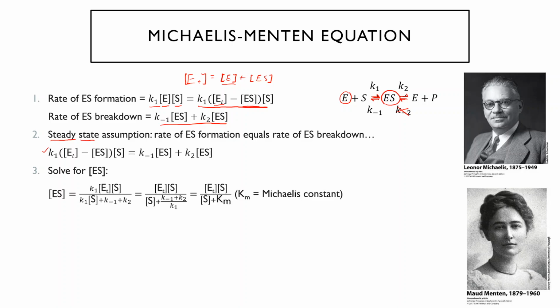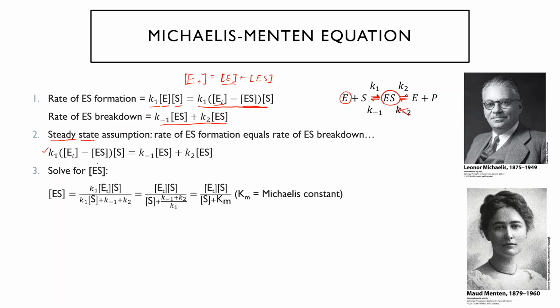Usually it's hard to directly measure how much of it is actually present in your test tube or whatever you're doing your reaction in. So what we're trying to do is figure out the reaction rate, the V0, in terms of things we can measure, which include the substrate concentration.